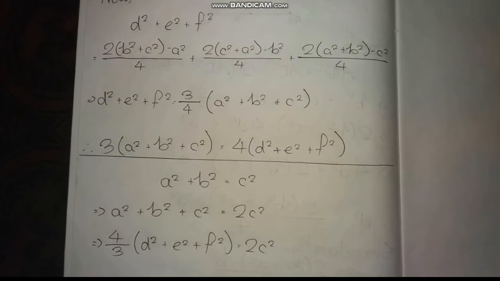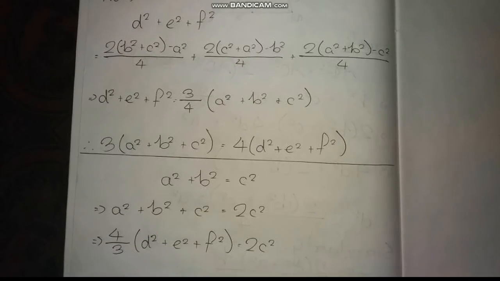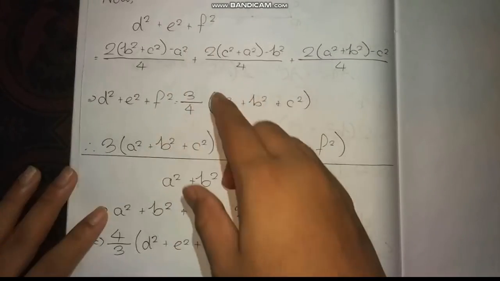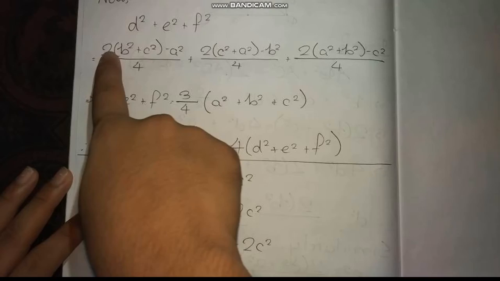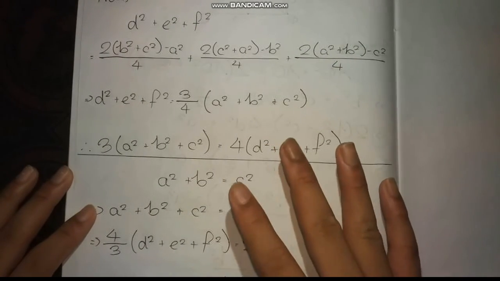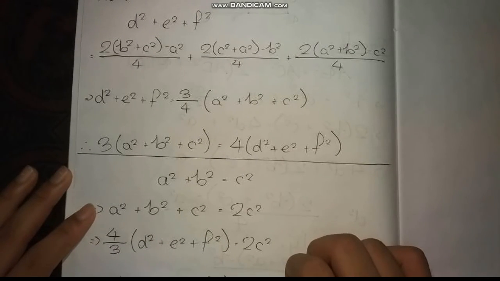Another variation of the Apollonius theorem is this: if we take the sum of the squares drawn on the medians of any triangle, d squared plus e squared plus f squared is equal to these three over here, and in the numerator there are 4 a squared, b squared, and c squared, and 1 negative a squared, b squared, and c squared.